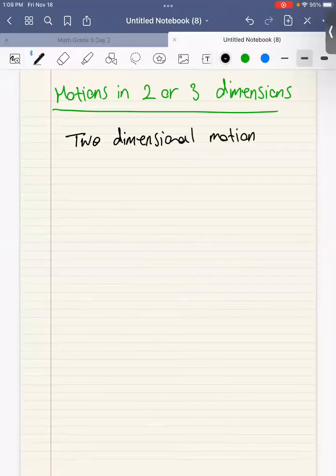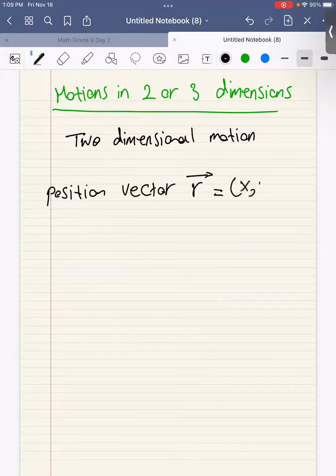So the position is a vector with two components, right? R is the position vector. I denote it by R, or sometimes I put an arrow above it to emphasize that it is a vector. But if I don't, you should know by default this is a vector, which is equal to x and y, because it's two-dimensional.